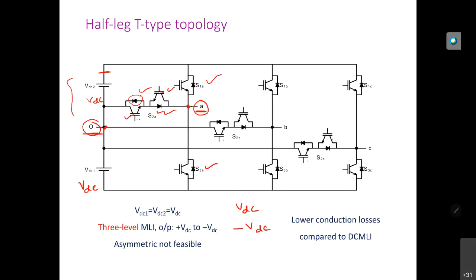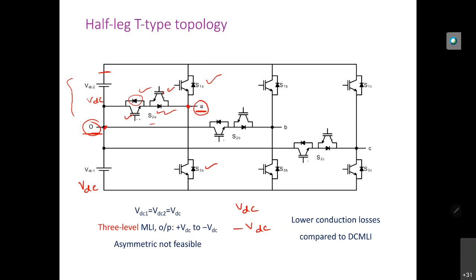That means we have some flexibility to control the current based on turning on the switch, so we can balance the capacitor voltages.